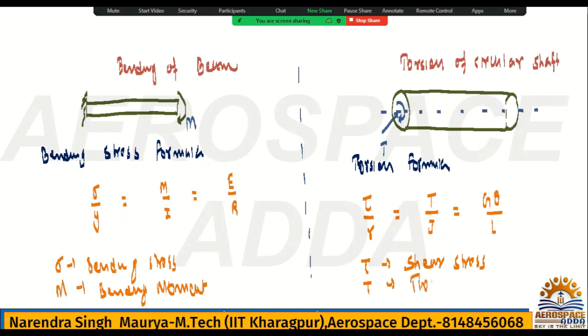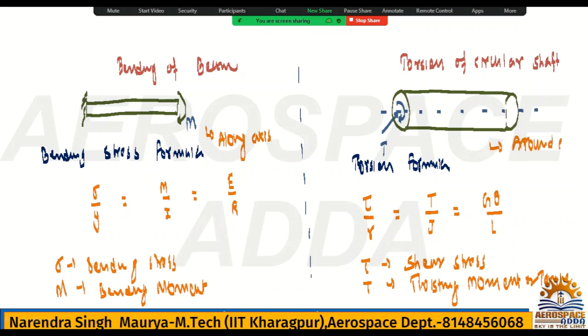Twisting moment or torque. Bending moment will be acting along the axis, and here the torque will be acting around the axis. Okay, this should be very clear to everybody.